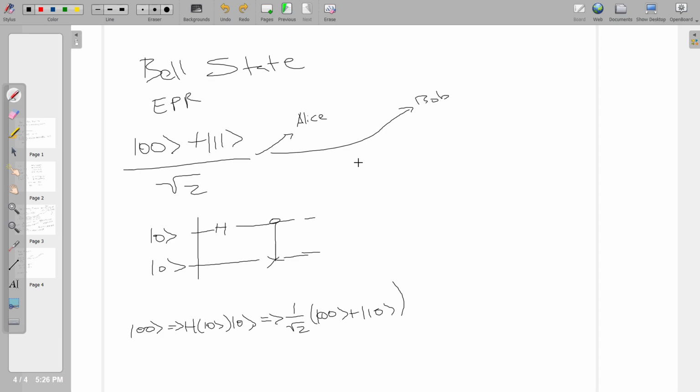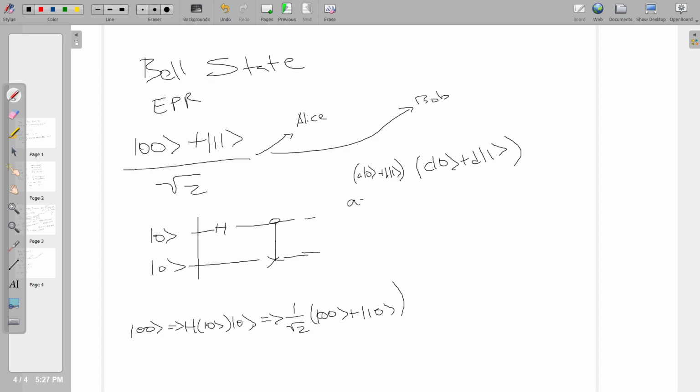And so more formally, what would this look like? If we have our separable state, we want to represent this as two distinct operations. We can, if we have a 0 plus b 1, times c 0 plus d 1. This is easy to do.